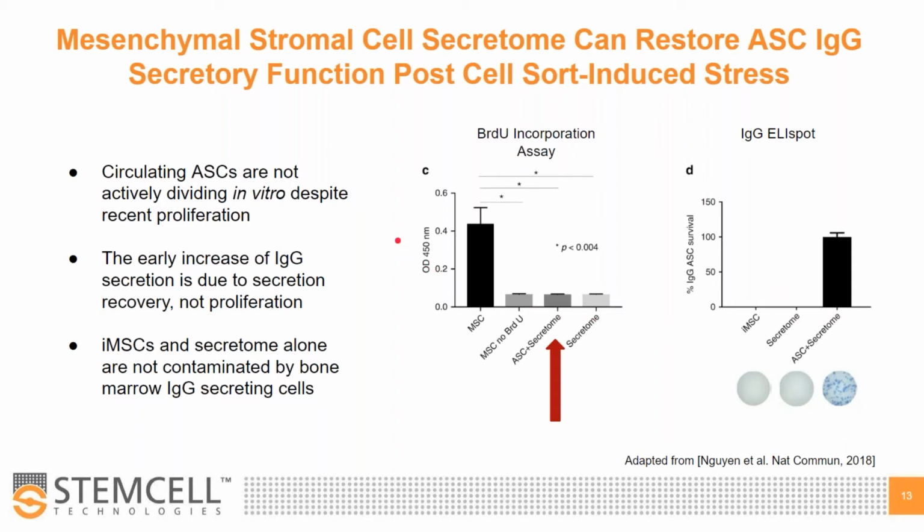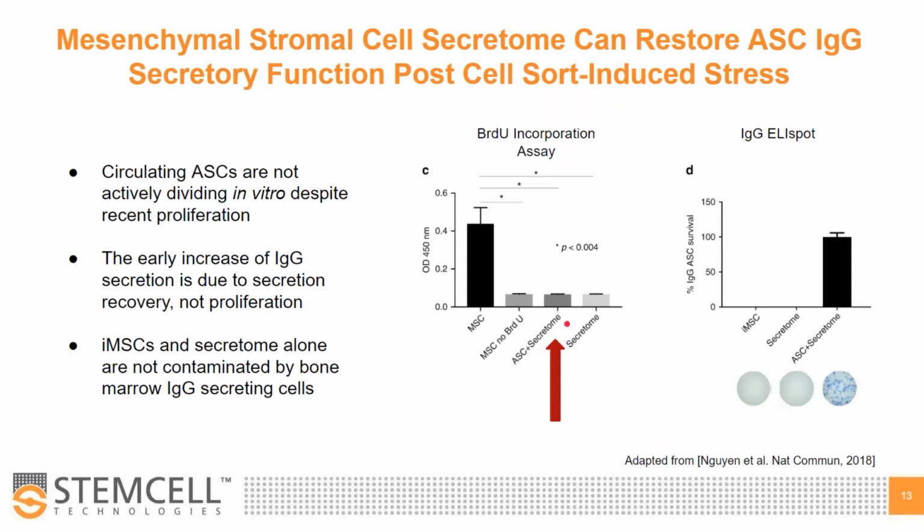Because they knew the cells were rapidly proliferating initially prior to the sort, they also wanted to see what was happening in vitro. So they performed a BrdU incorporation assay, and in the antibody secreting cells plus the secretome, BrdU was actually not being incorporated, suggesting that these cells are not actively dividing when being cultured in vitro.